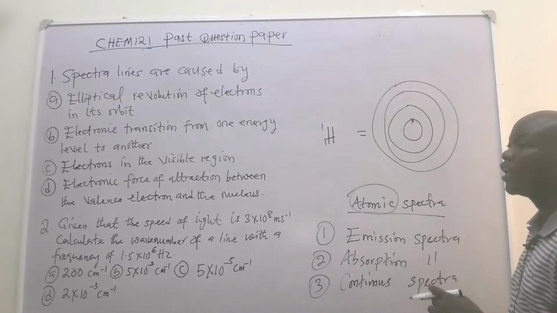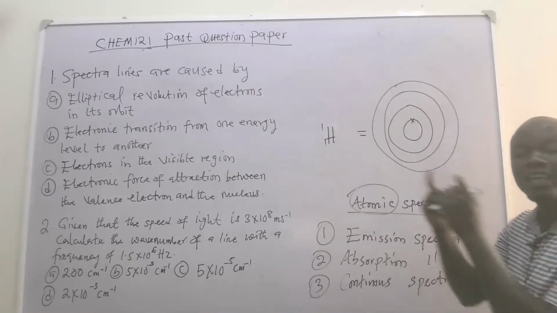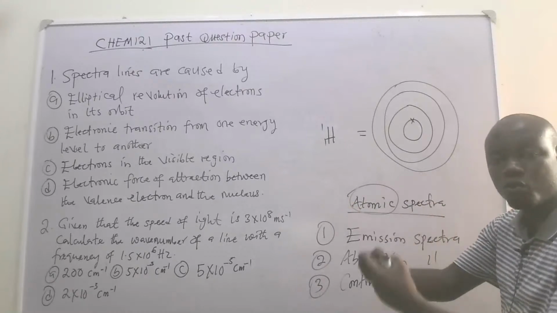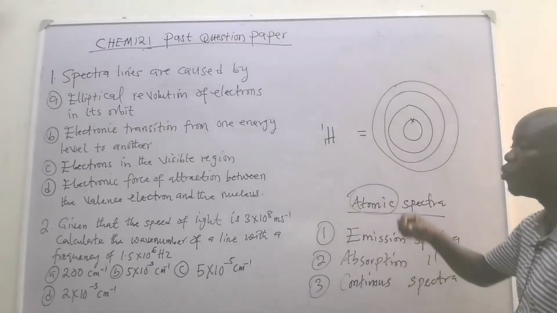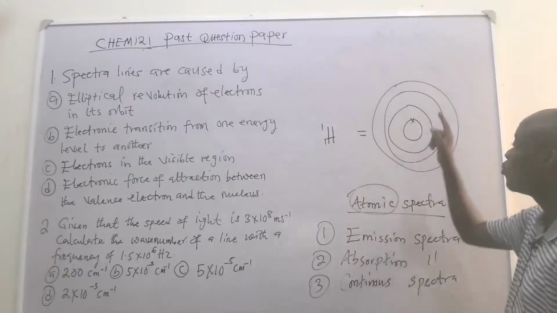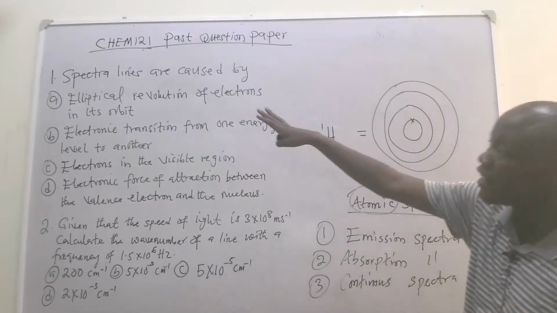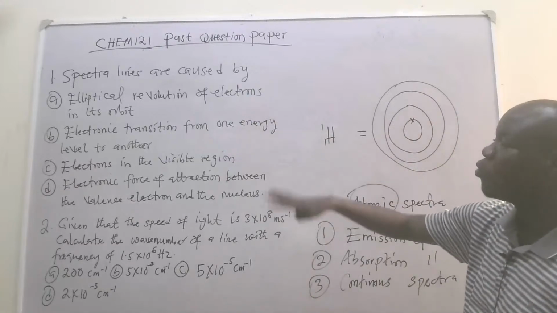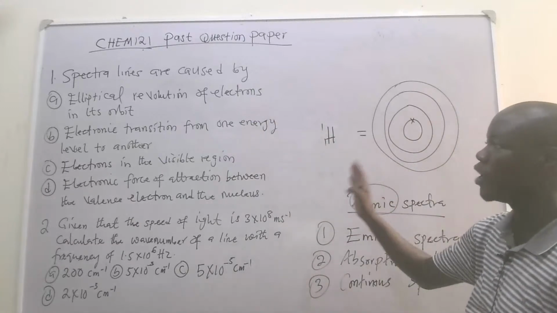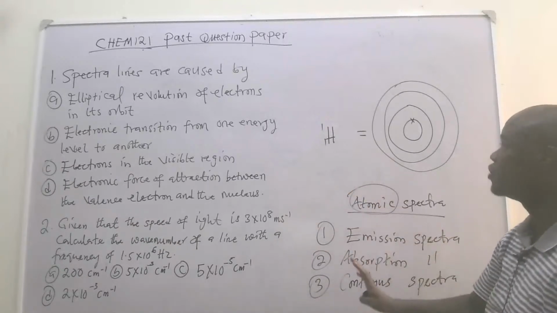Therefore, when an element absorbs or emits energy, there is a likelihood that it will transit one of its electrons, especially the outermost electron, from one energy level to another. That is why spectral lines are usually caused when there is electronic transition from one energy level to another, but it depends on the type of transition.